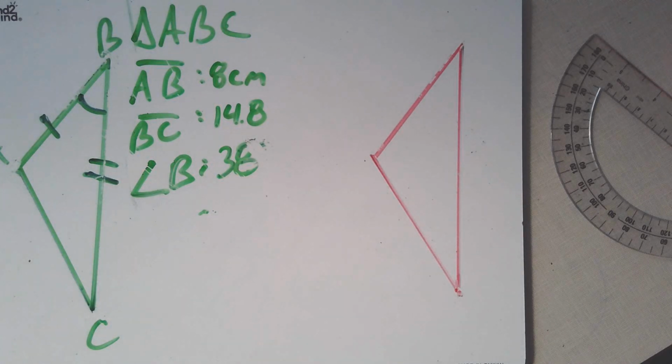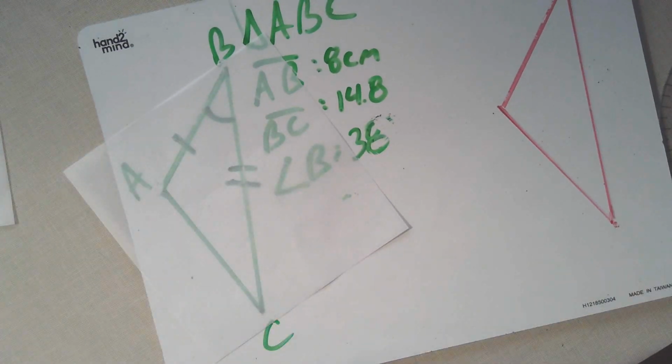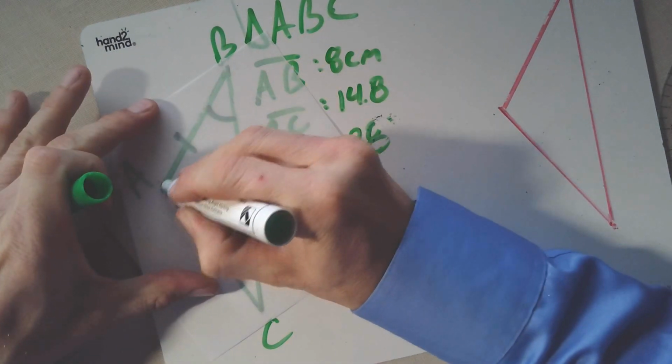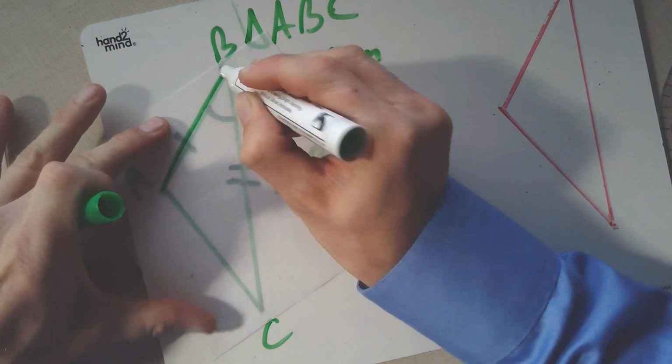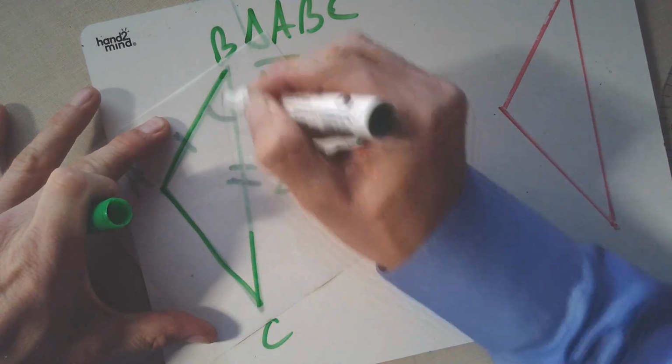All right, let's see how close I did it. I'm going to turn it sideways so that it fits. So that is my AC, and then BC line.